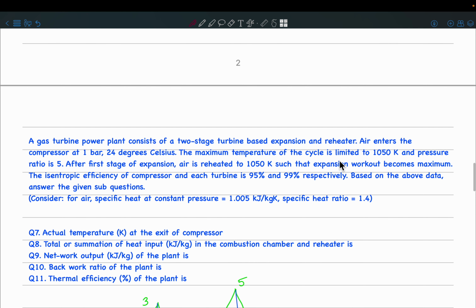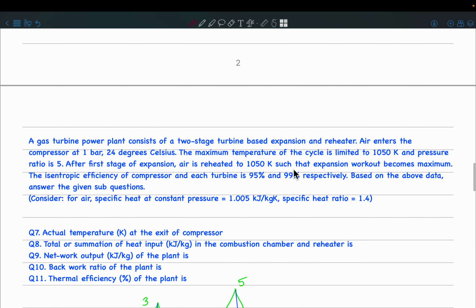The maximum temperature of the cycle is limited to 1050 Kelvin, so maximum temperature will be achieved in the combustion chamber, and the pressure ratio is 5. So pressure ratio is given for the compressor and also for the turbine. After the first stage of expansion, air is reheated to 1050 Kelvin such that the expansion work output becomes maximum. The isentropic efficiency of compressor and turbine is given to you.